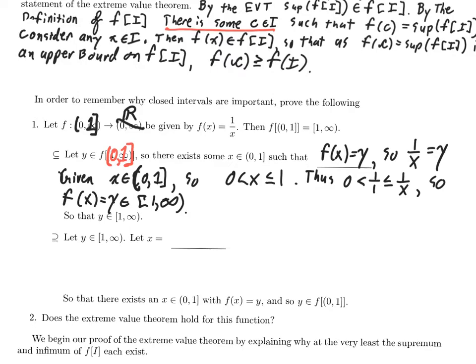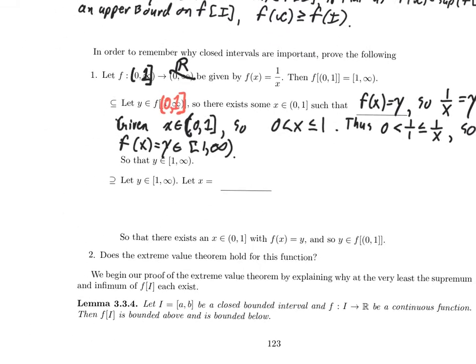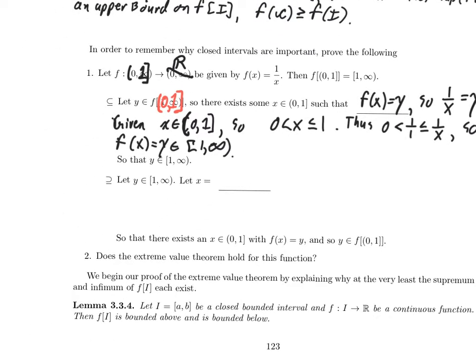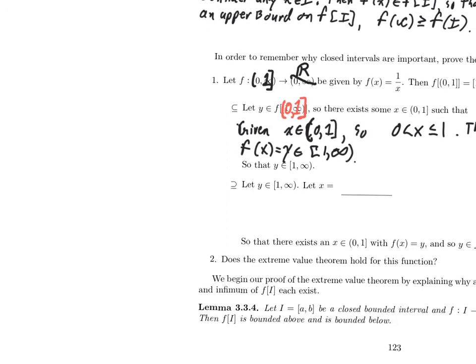The other one is also equally easy. Let y be in the closed interval from 1 to infinity. What do I want to show? I want to show that y is in f of (0, 1]. So maybe I'll do some scratch work off to the side.